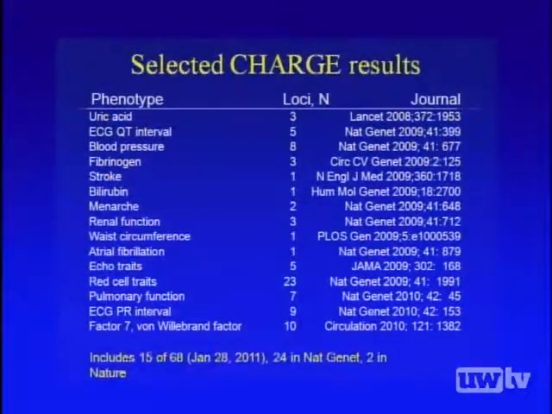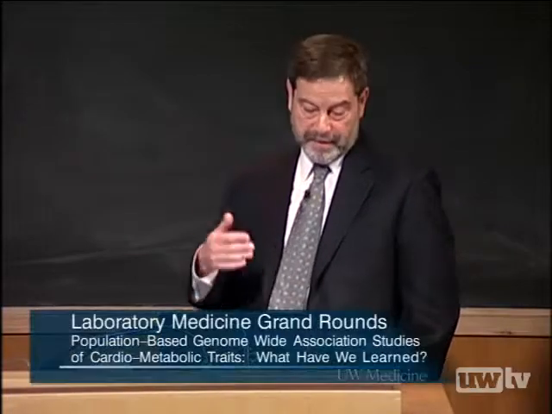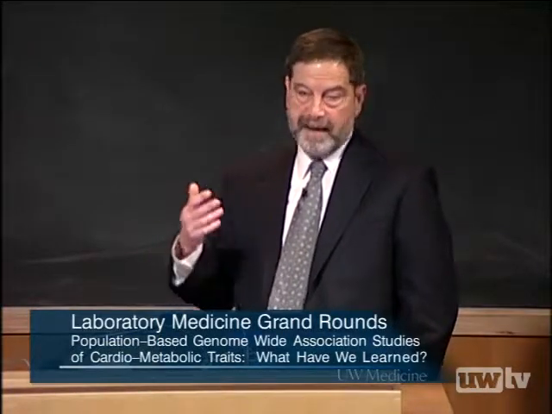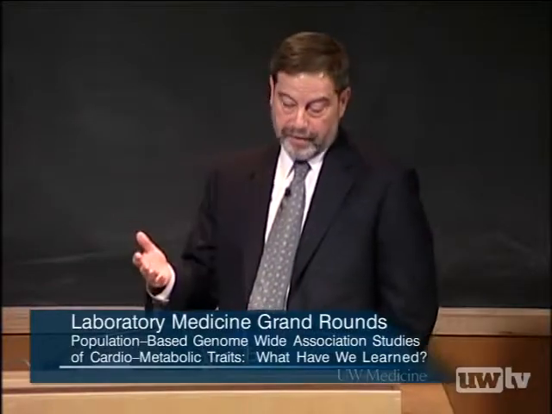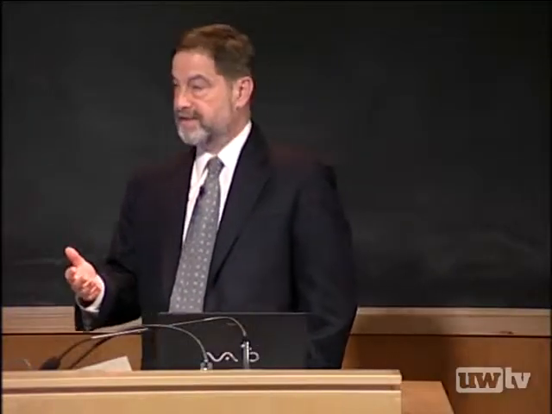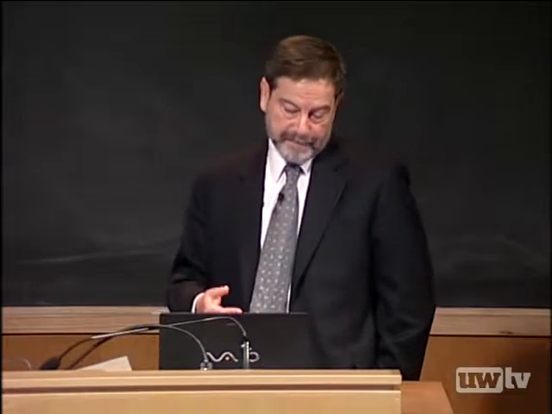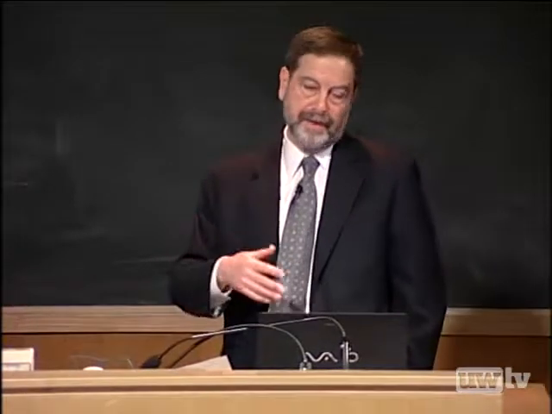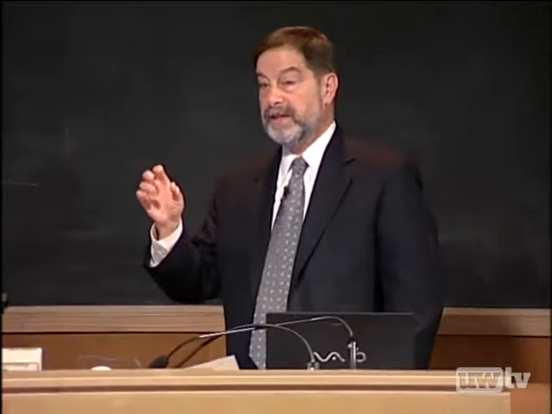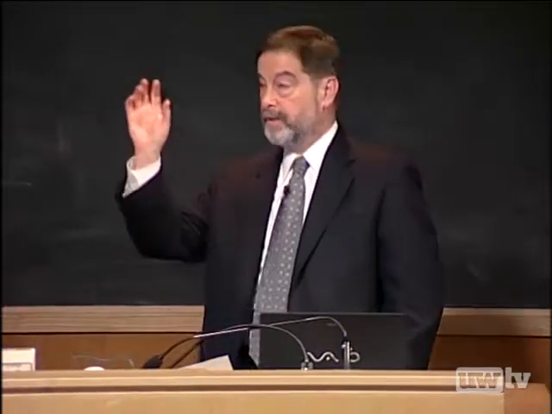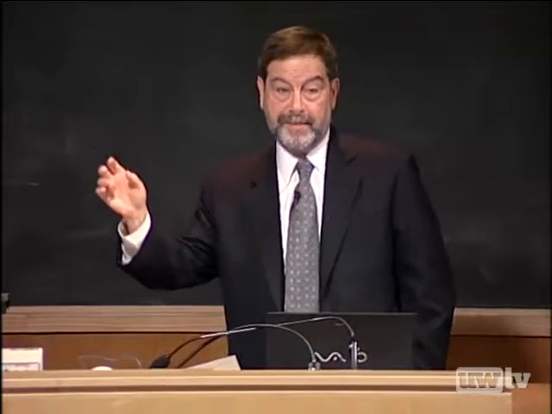Not listed here are phenotypes like calcium, magnesium, eGFR creatinine, eGFR cystatin C, many, many other phenotypes. I think we probably have adiponectin, you name it, anything that you could measure, and it could be coffee intake or fish intake or educational attainment.